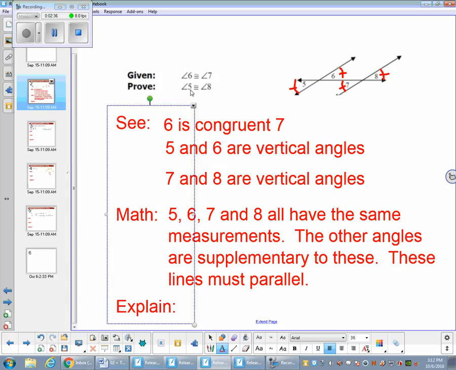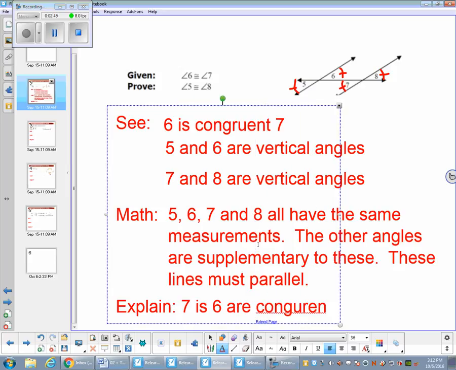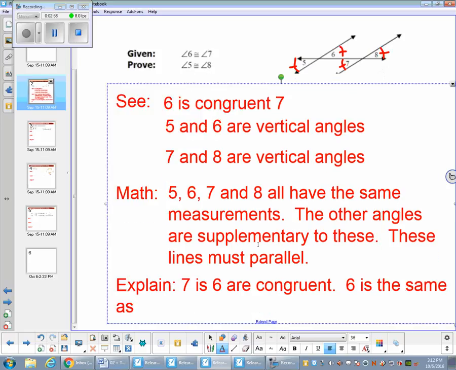Now, it tells us to prove angle 5 is congruent to 8. So how do we know that? Well, 7 and 6 are congruent. 6 is the same as 5, and 7 is the same as 8.